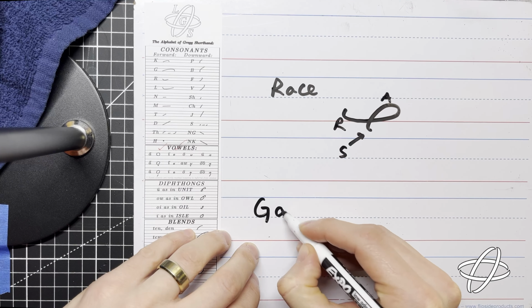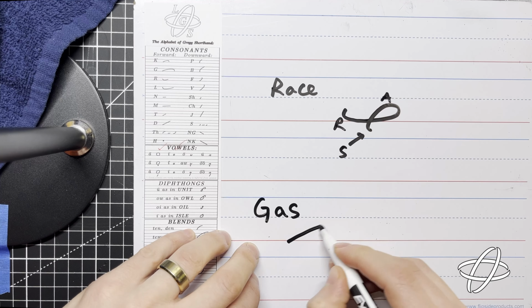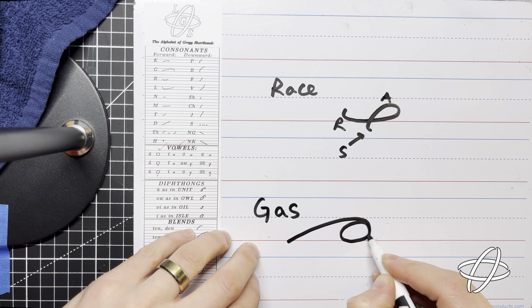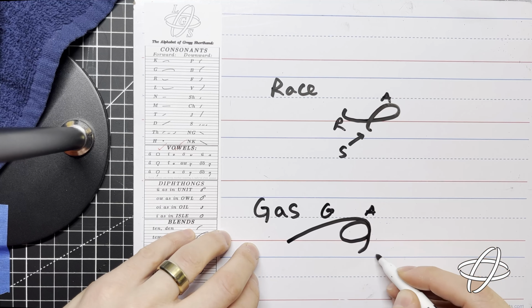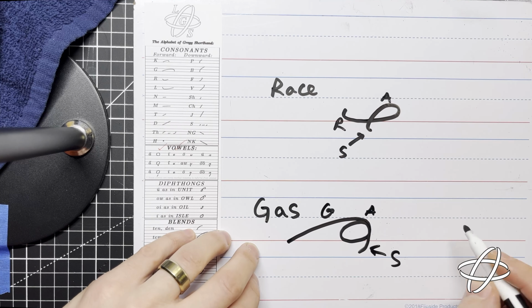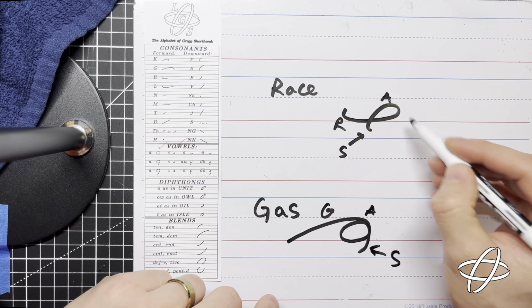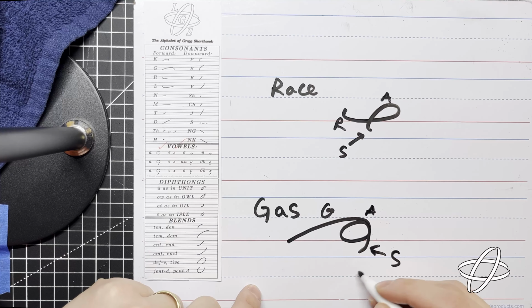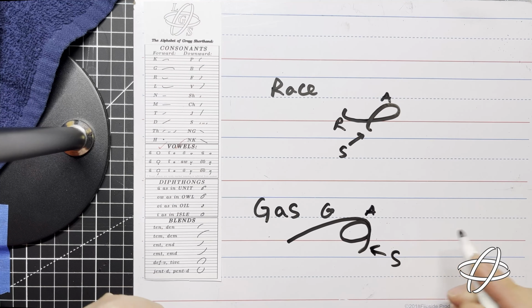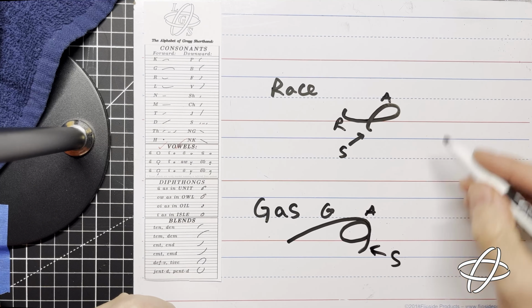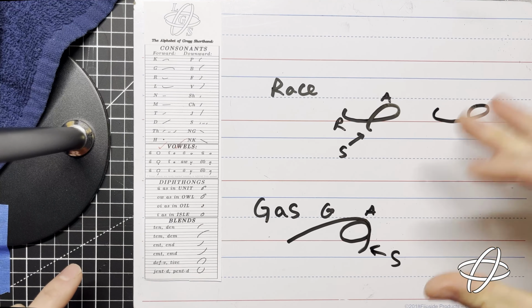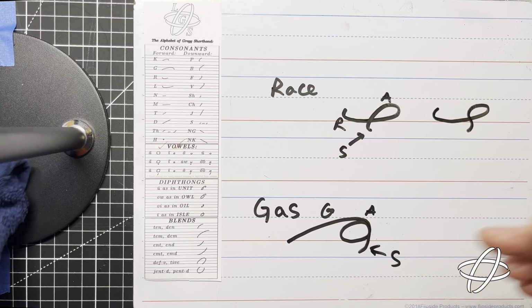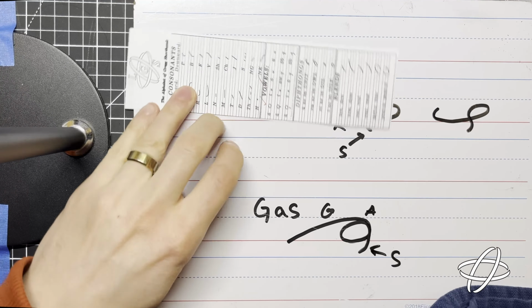G, A, S. G, A, and then you have your little S here. Okay, so this is an example of a left motion S. This is an example of a right motion S. And you can see there's different instances where it would be awkward to have a reverse motion S in this case. So that's why you end up having two.